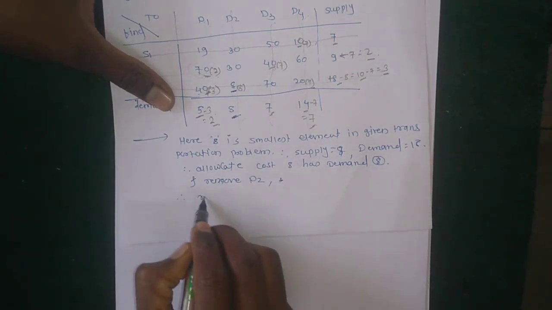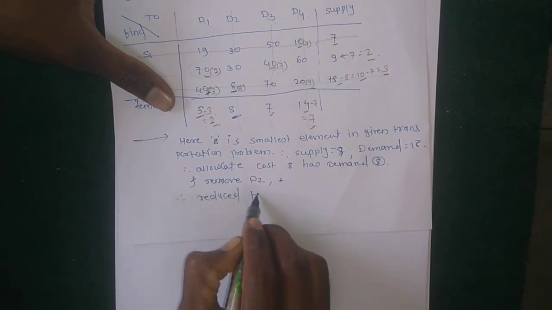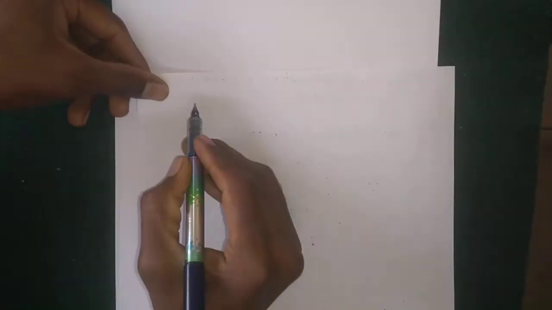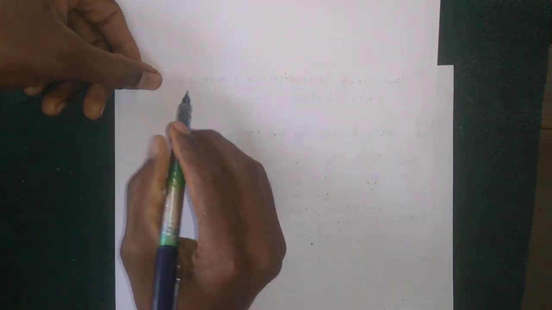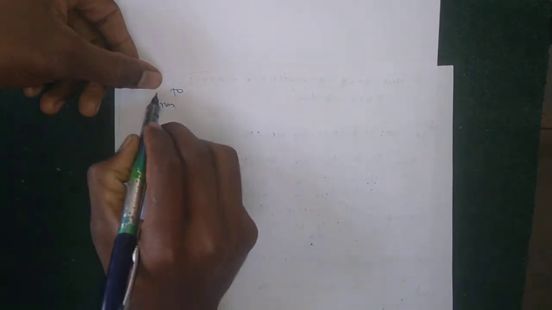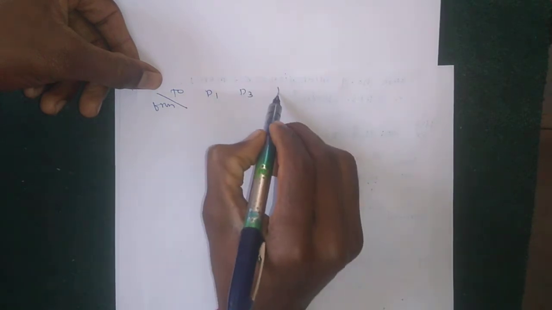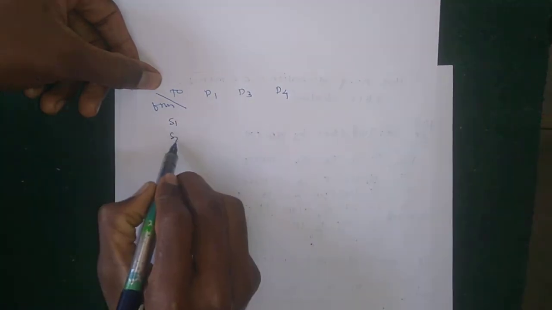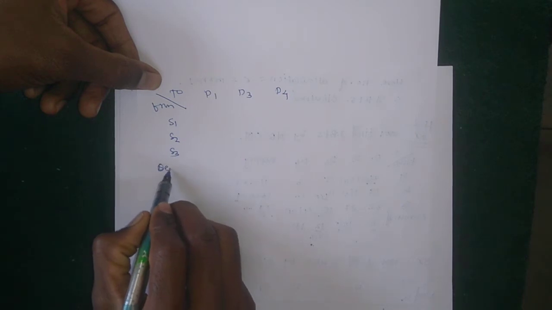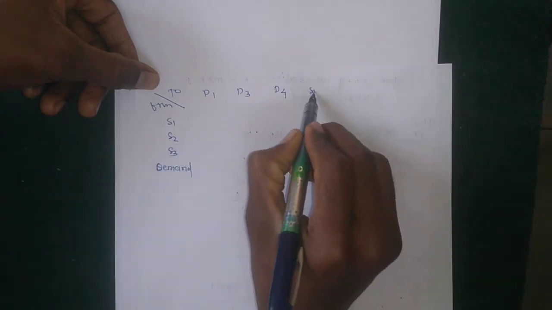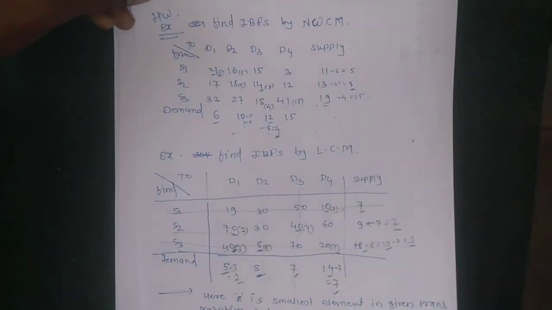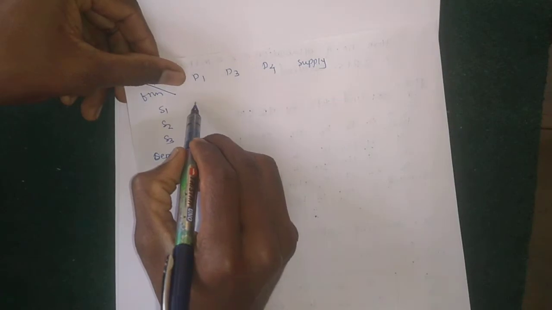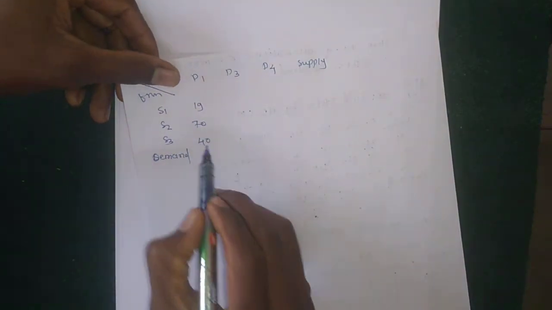Therefore the reduced table is, take their values in this way. D1, D3, D4 columns, S1, S2, S3 rows, and then demand and supply. Okay, so in the D1 column 90 70 40.